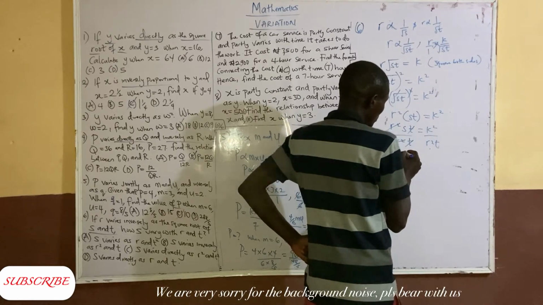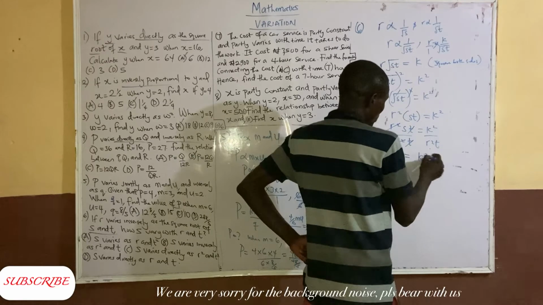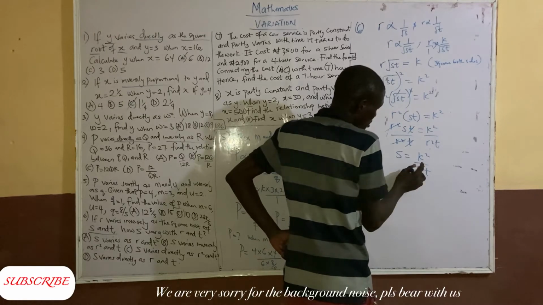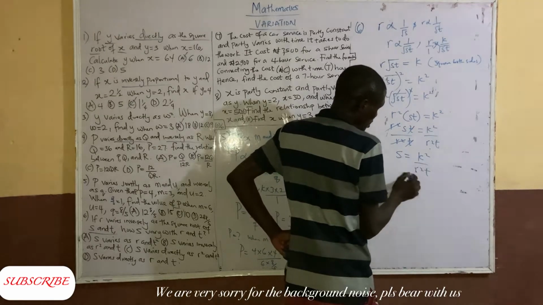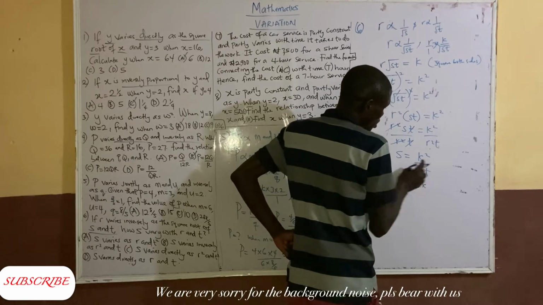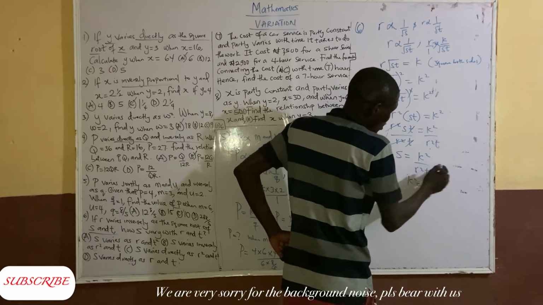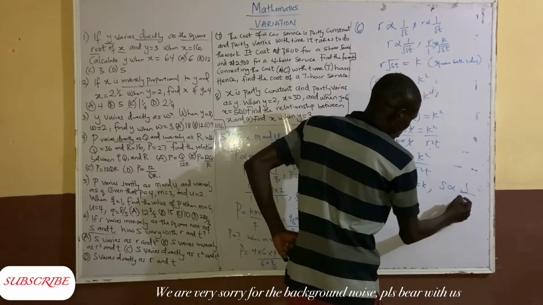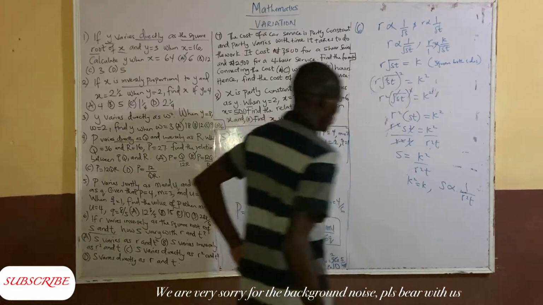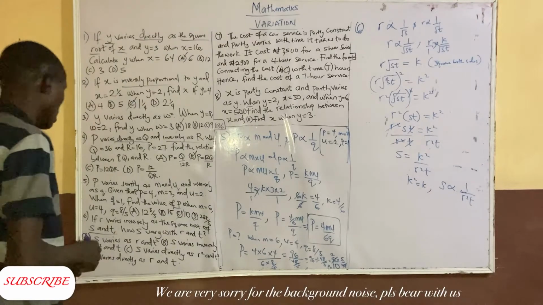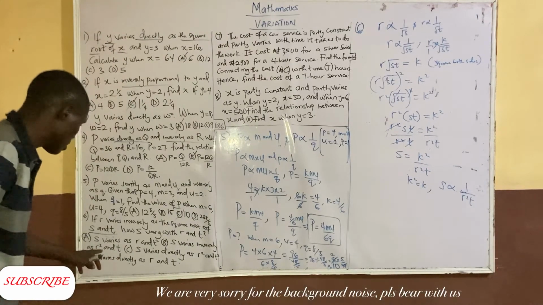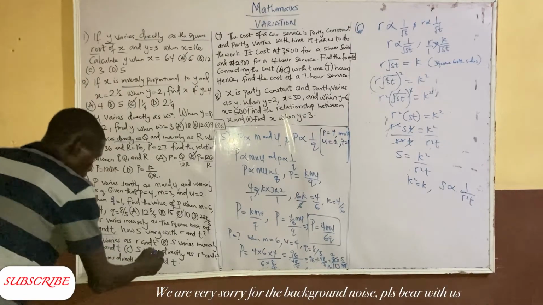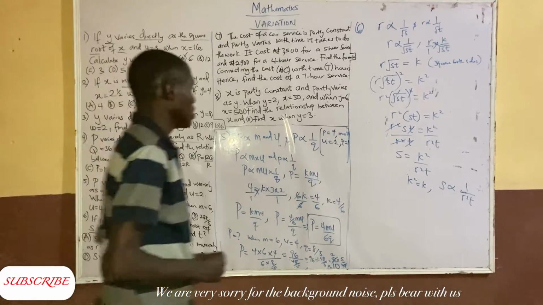So S is equal to K squared over R squared T. You know that K is constant, so we don't need to talk about K. But S is inversely proportional to R squared T. So S is inversely proportional to R squared and T. Very good. Option B. Please take note of that, for number 6.